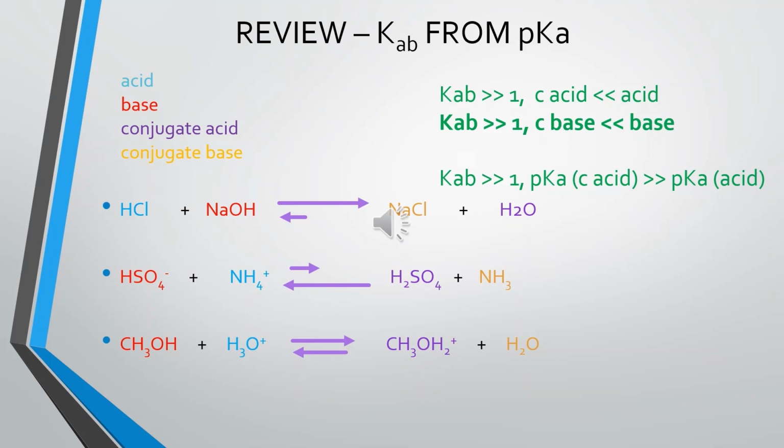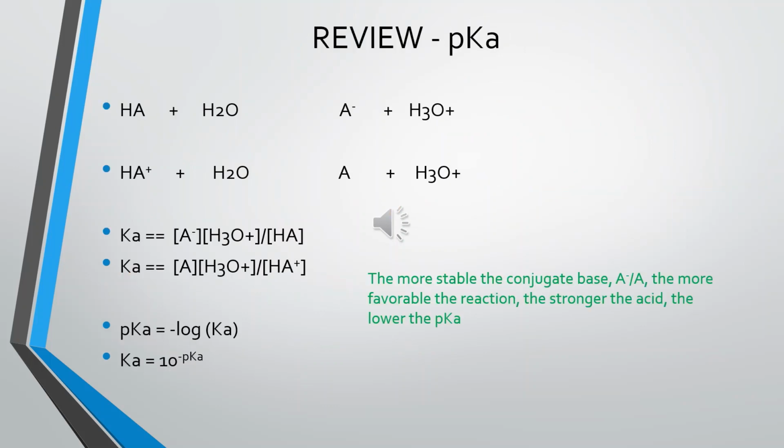So this is just information, and we've identified the roles that the different species play, color-coded those, right? And keep in mind the inverse relationship between the value of the magnitude of pKa and the strength or weakness of an acid. And here's the review information on pKa with the critical statement, right?